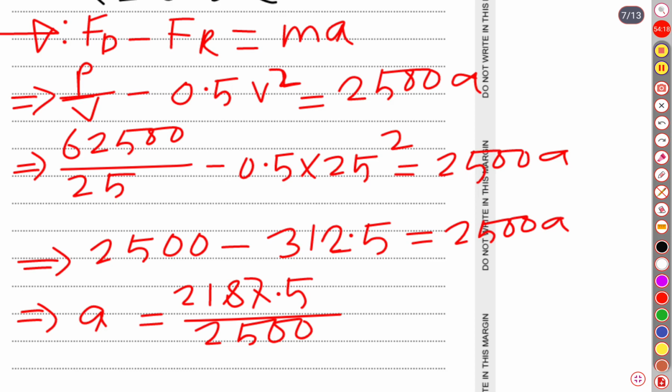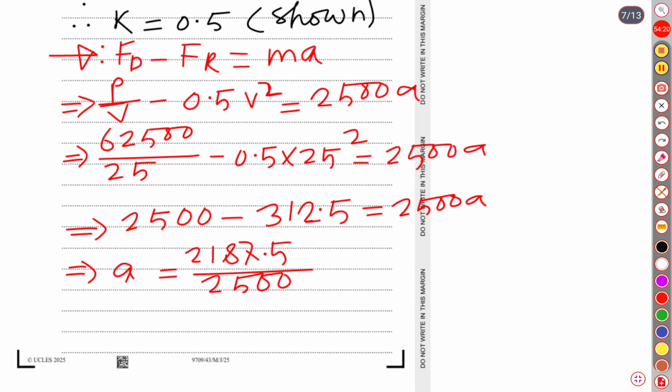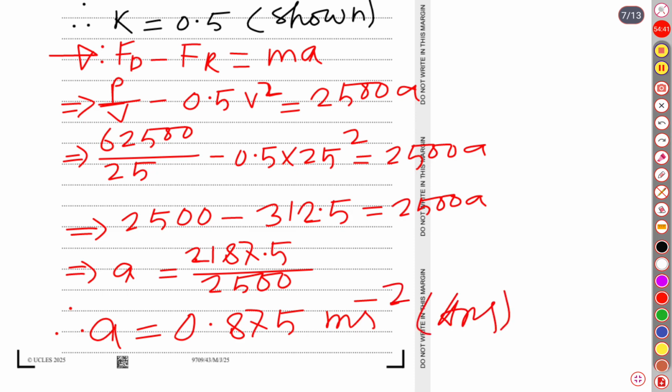Hence our acceleration, if we divide this by 2500, is going to be 0.875, 0.875 meter per second square. So this is the acceleration.